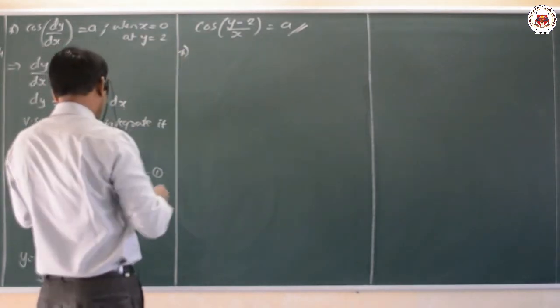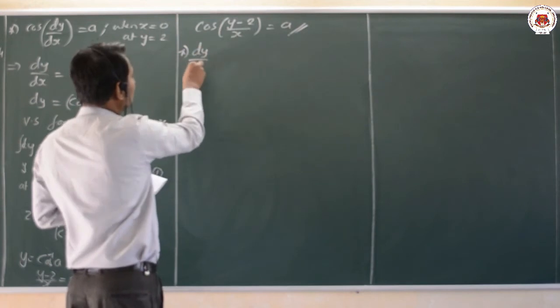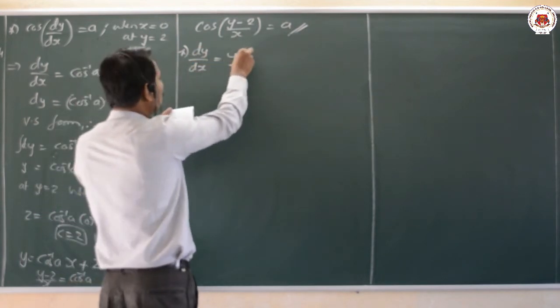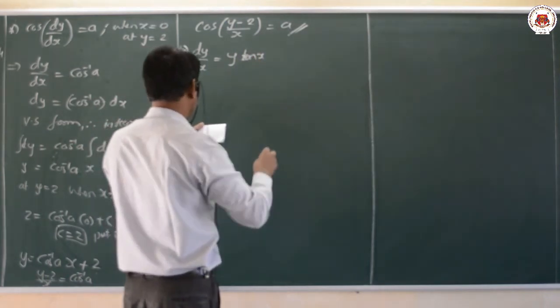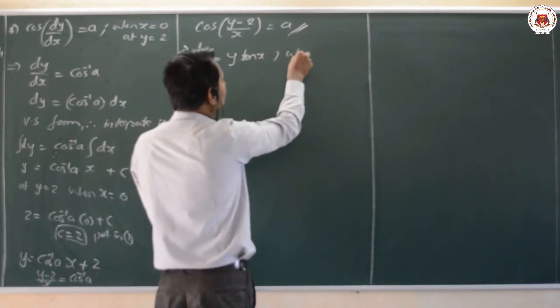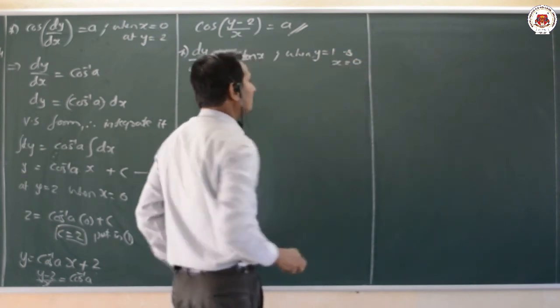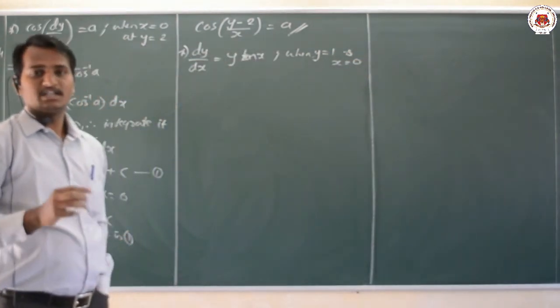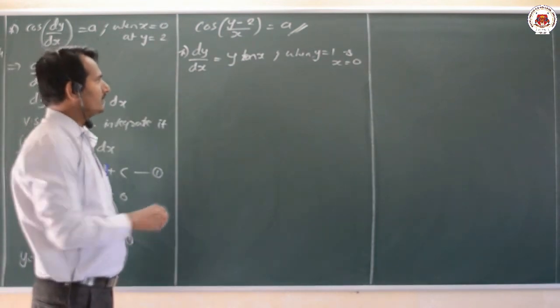Now let us move on to the next example. The next example is dy by dx equal to y into tan x, when y is equal to 1 and x equal to 0. Now we shall integrate it and find out the value.